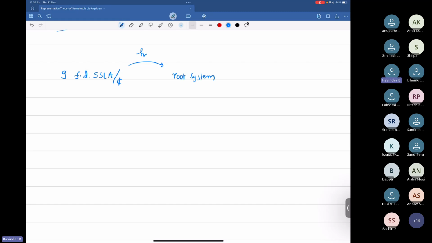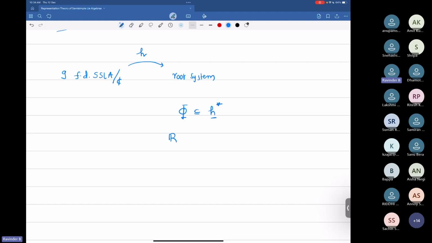And what is a root system here? A root system usually has some set of vectors, right? So there are some roots, alpha 1 and so on, and the root system pi lies in H star. This is a complex space, but in the root system chapter you studied only the real space. So at present you got this pi in H star, but you can take a real span of them.